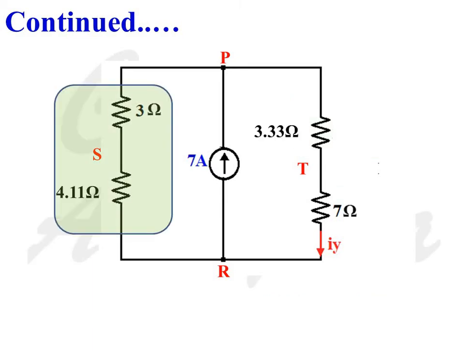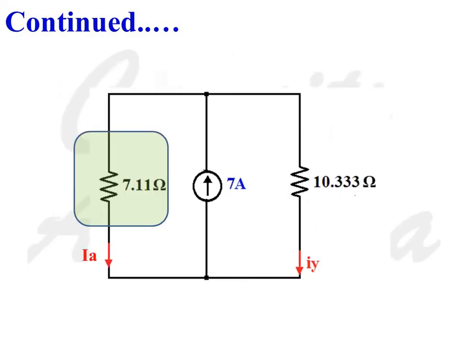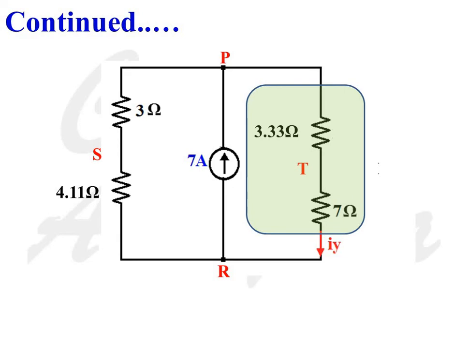Now 4.11 ohms resistance is in series with 3 ohms resistance. So we can combine these two resistors to replace with a single resistance of value 7.11 ohms. Similarly, 3.33 ohms resistance and 7 ohms resistance are connected in series.